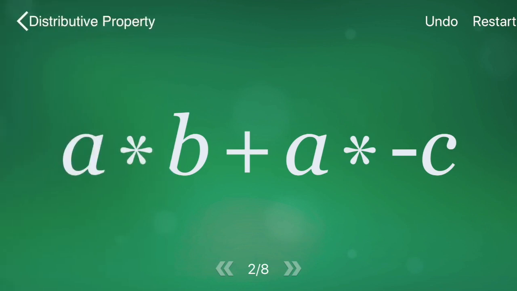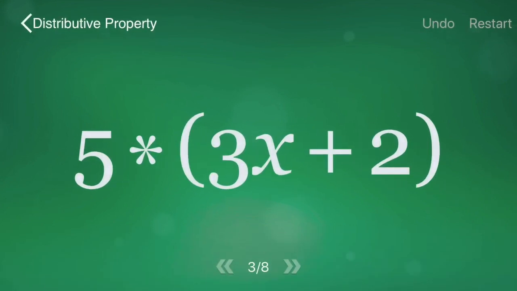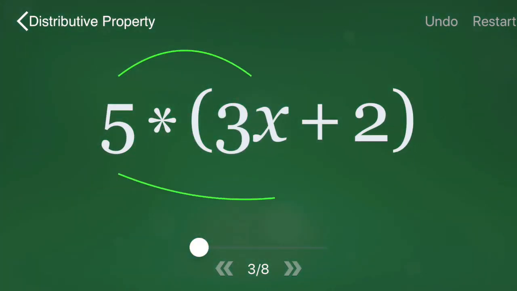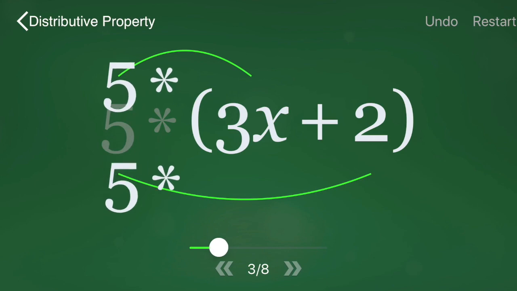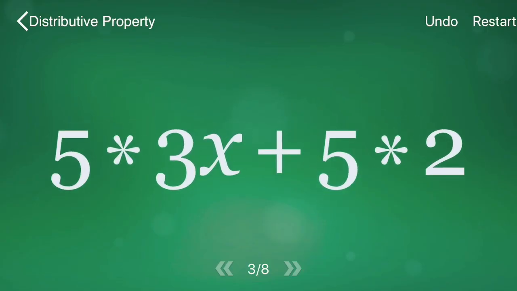So if you scroll down, right, for number 5, it said to use the area models below to show, to distribute, right? So we had 5 and then 3x plus 2. So I can take the 5, tap on the star, and start moving and distributing that 5 to each of the terms.